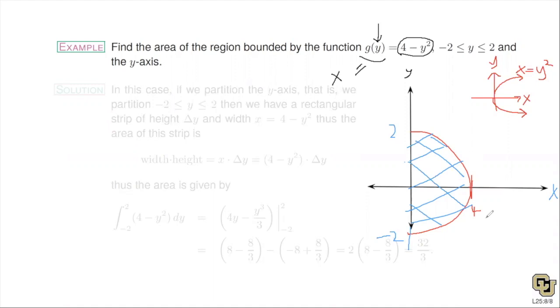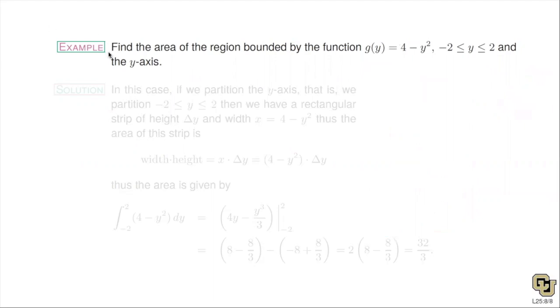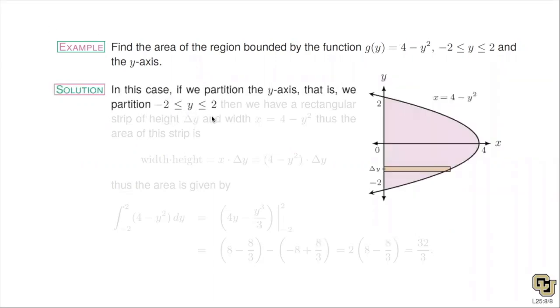Before, x was the independent variable, x was the input, and y was the output. Now y is the input and x is the output. So basically, we're going to now do to the y-axis what we did to the x-axis before. What does that mean? I'm first going to start by partitioning the y-axis between -2 and 2.